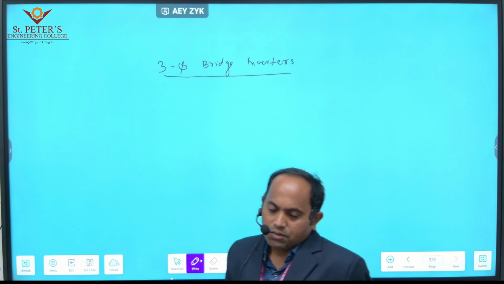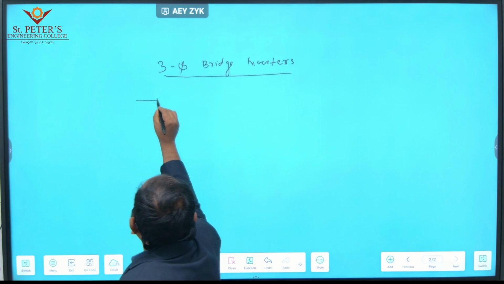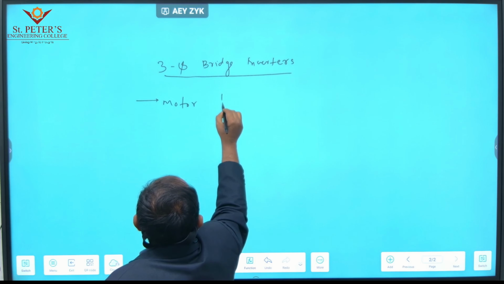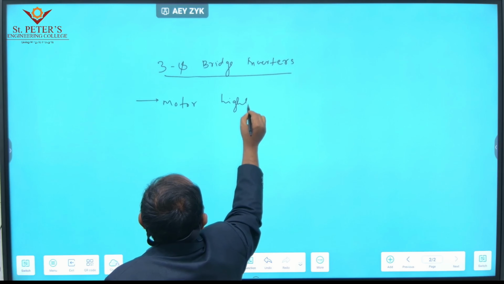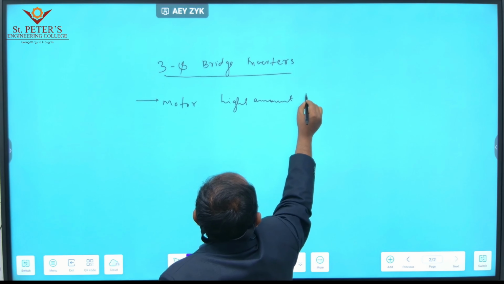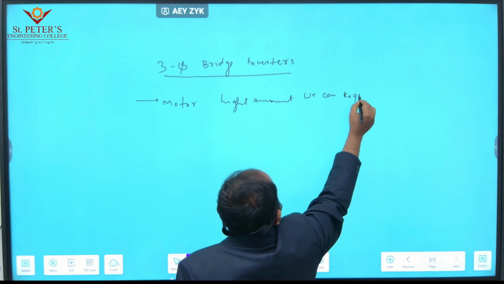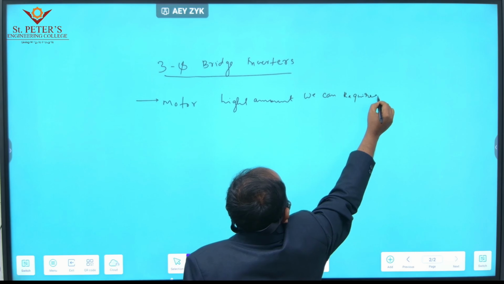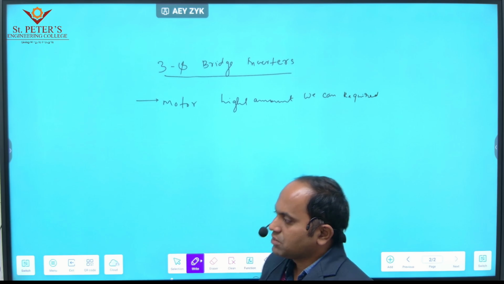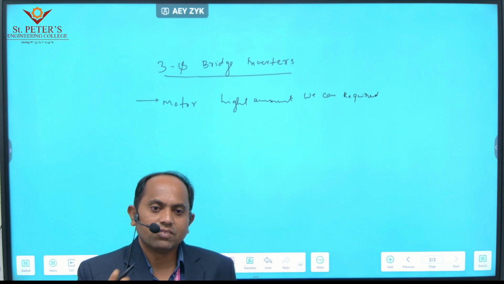Actually, industrial loads that contain motors require a high amount of output power. So for this kind of use, we cannot use single phase inverters. That's why we are going for three phase inverters.